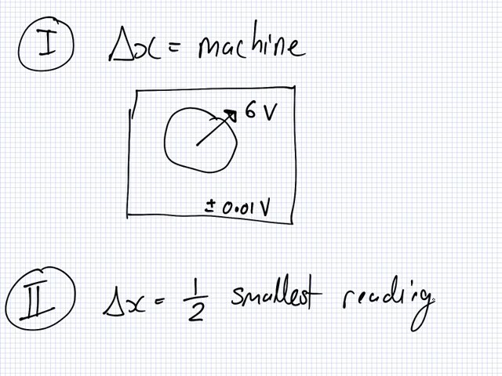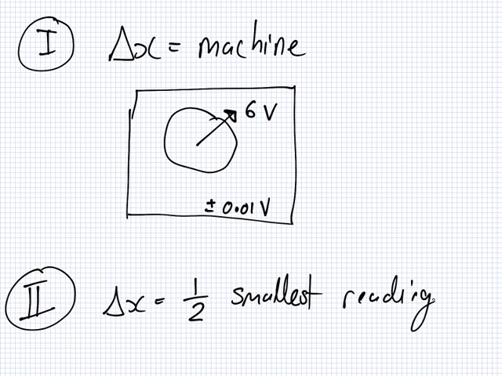So, for example, when you were looking at the meter stick, the smallest reading you could make on that technically, I suppose, is a millimeter, although you weren't using it accurately enough to measure to a millimeter. You were probably using the meter stick accurately enough to measure to half a centimeter, which meant the uncertainty was a quarter of a centimeter.